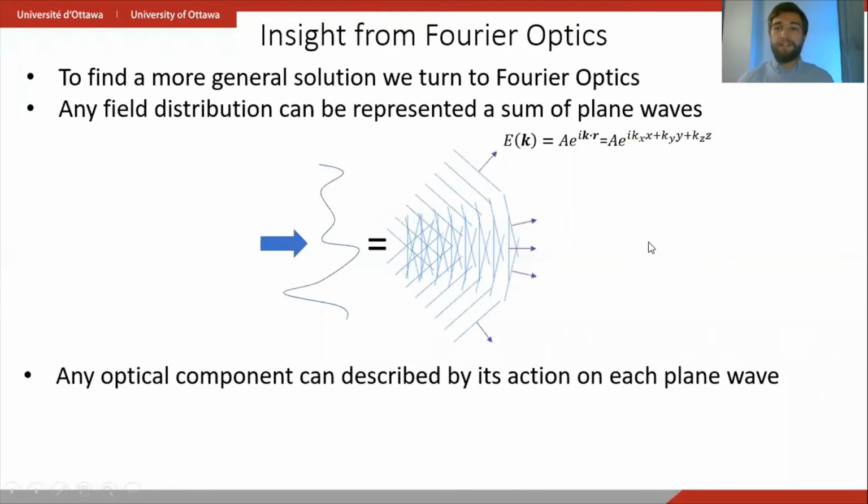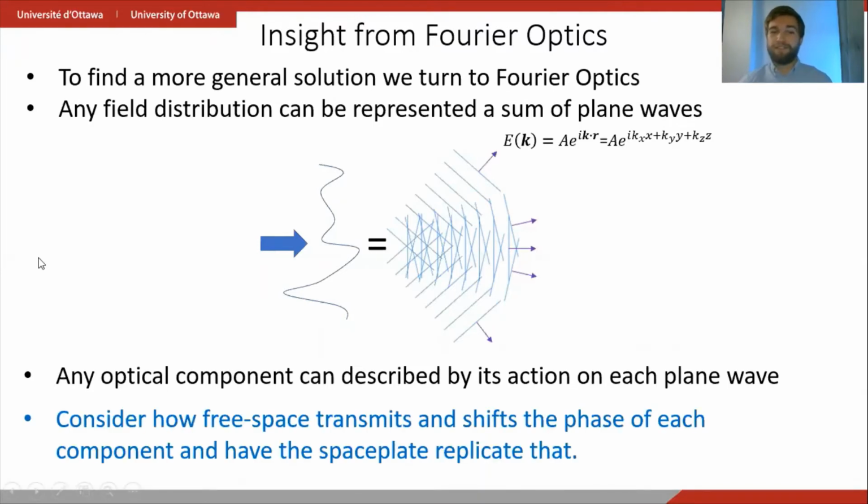Now, if we want to find other spaceplate designs, we need to look to Fourier optics, which states that any field distribution can be represented as the sum of plane waves. And in addition, any optical component can be described by its action on each of these plane waves. Therefore, we need to consider how free space over a distance d effective will transmit and shift the phase of each component, and then have our spaceplate replicate that.